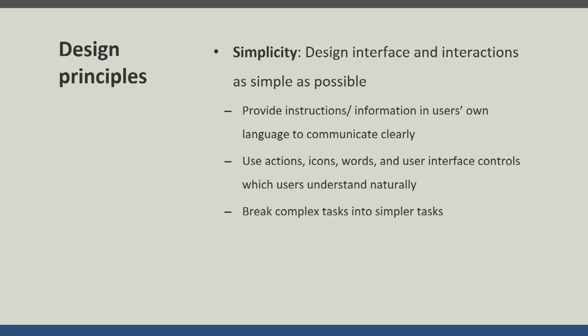As a designer, you should consider providing instructions and information in the user's own language so that there is a clarity of communication. Use actions, icons, words, and user interface controls which users understand naturally. And if there is a complex process or a task, you break that complex task into manageable chunks, into manageable steps.